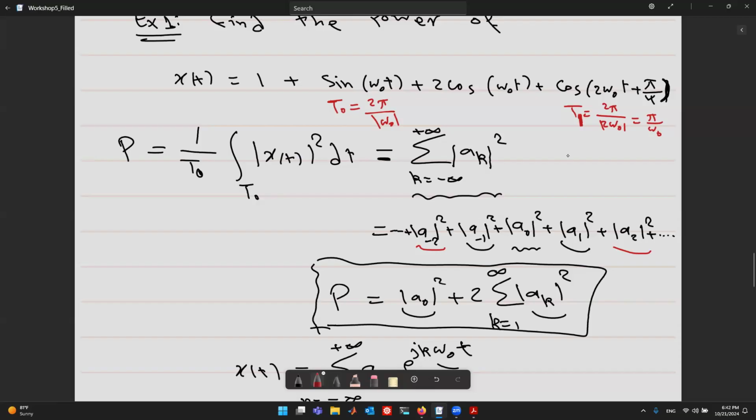What will be the period of the whole signal? Let's call this one T1 and this one T2. T naught would be just the least common multiple of T1 and T2.